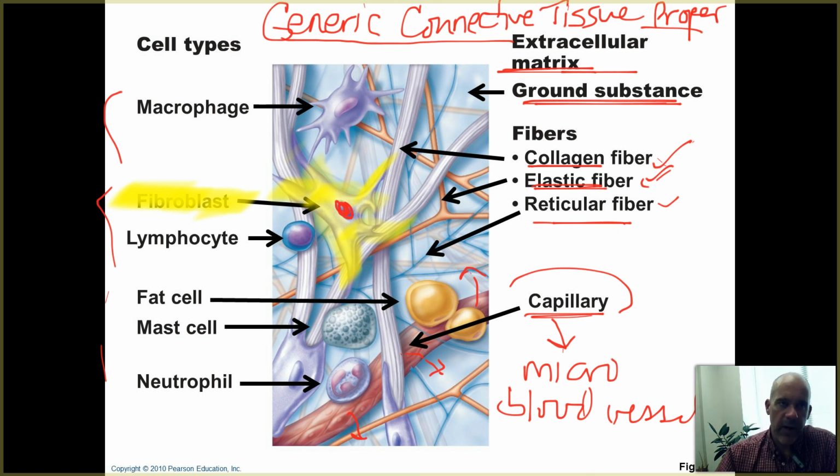So you have those scattered around in your proper connective tissues, and those are the cells that make all those fibers, and they make the various molecules of the ground substance. They make those and secrete them. So those are your workhorse cells there in the connective tissues. So get used to thinking about that. Fibroblasts are the key cell type then in these proper connective tissues.